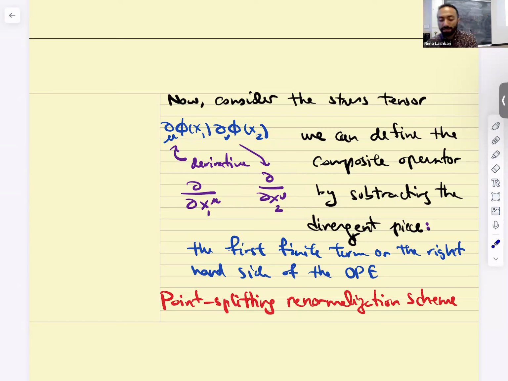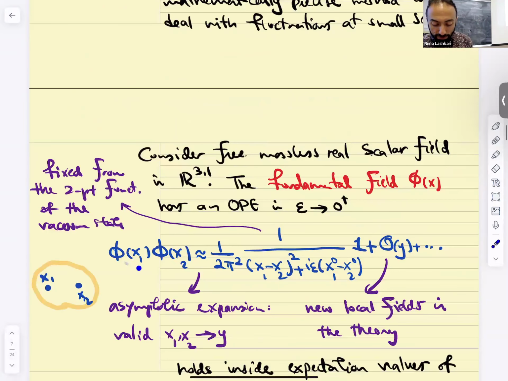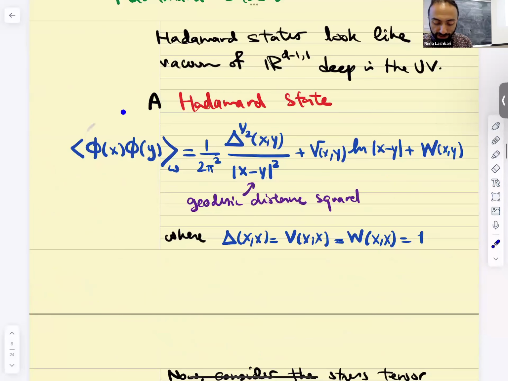In the previous case, if I subtract from this the divergent term and take the limit of x going to y, that gives me a local operator. What's that local operator called? φ squared. That's the very definition of a composite operator, φ squared.